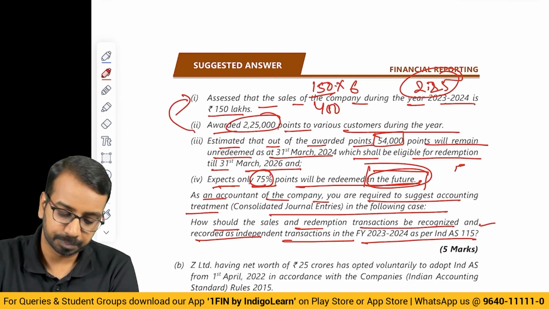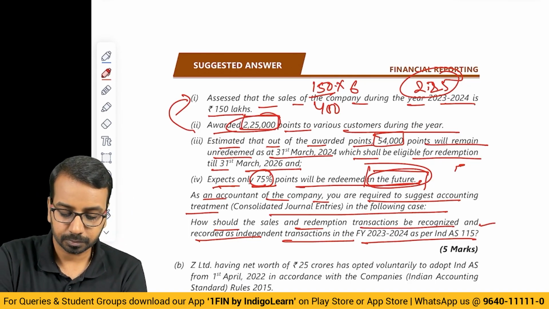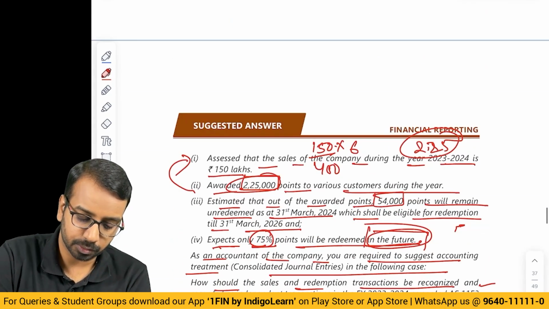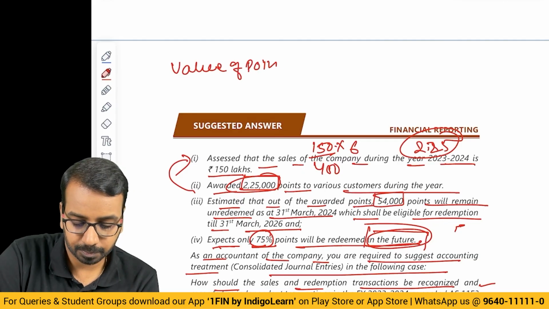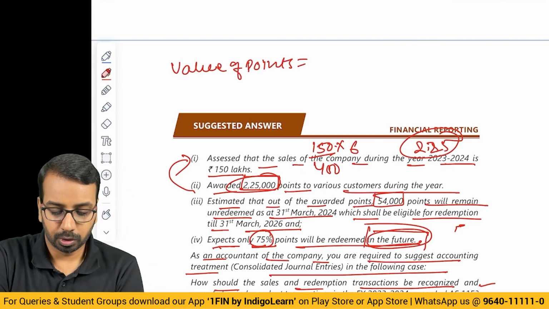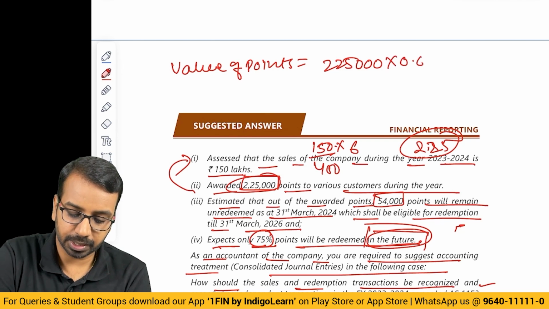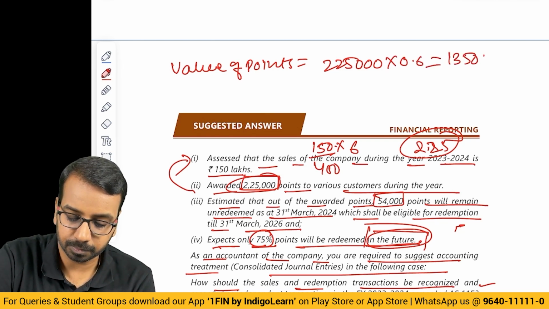Now here again, points awarded is how much? 2,25,000. So what is the value of each point? Value of each point is 0.6. So value of points is equal to 2,25,000 into 0.6, that is 1,35,000.